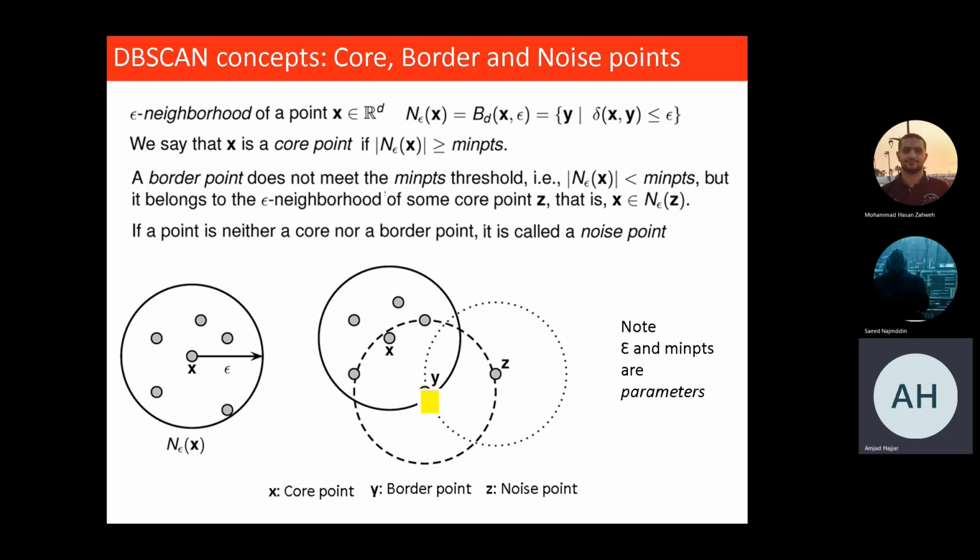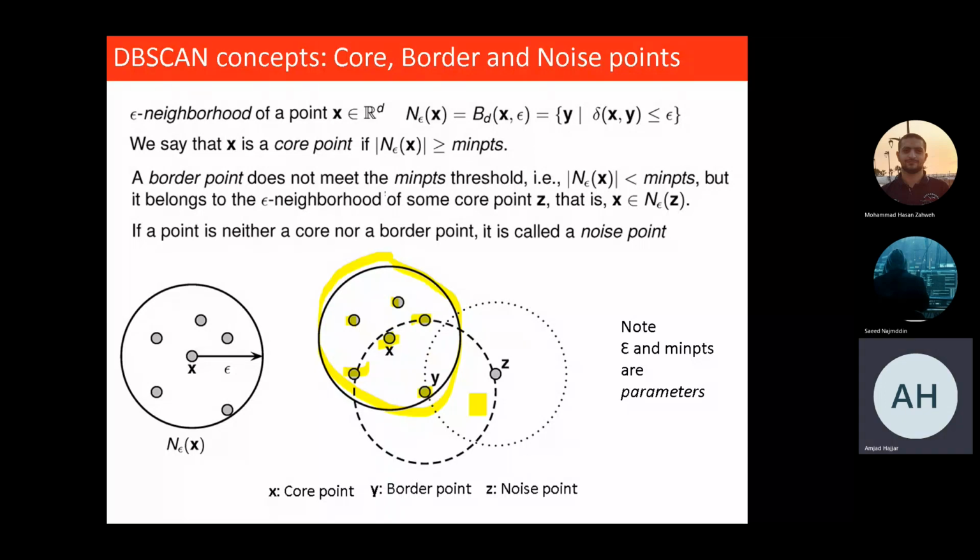In this example, I have taken the min points cardinality to be 5. So you see here X, in its neighborhood, I have how many? Counting itself, I should count the point itself. 1, 2, 3, 4, 5, 6. Well, X is a core point.